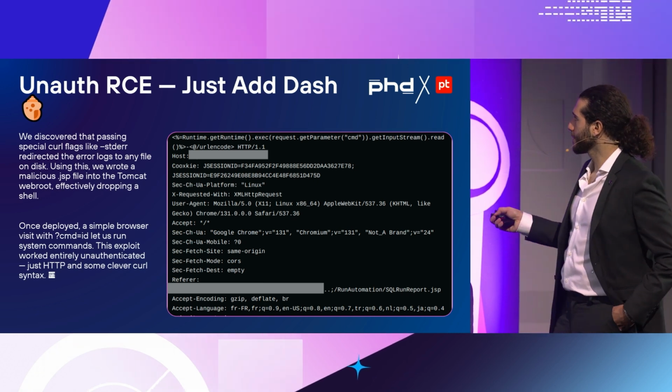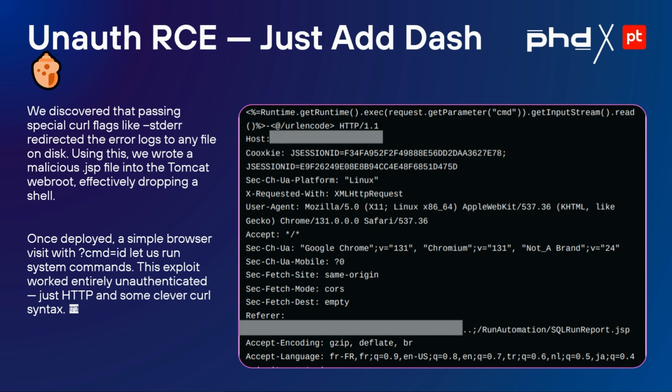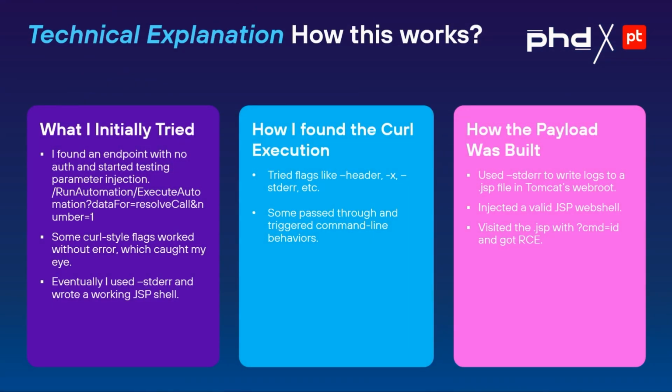So we can see here the malicious payload which we used to send to the application, and this was sent inside the stderr flag, which was eventually passed to the curl on the backend, and which actually executed the code on the backend for us and saved our shell code to the server which actually was vulnerable.